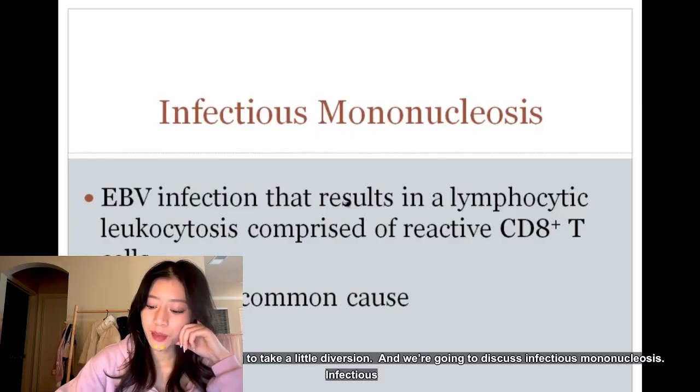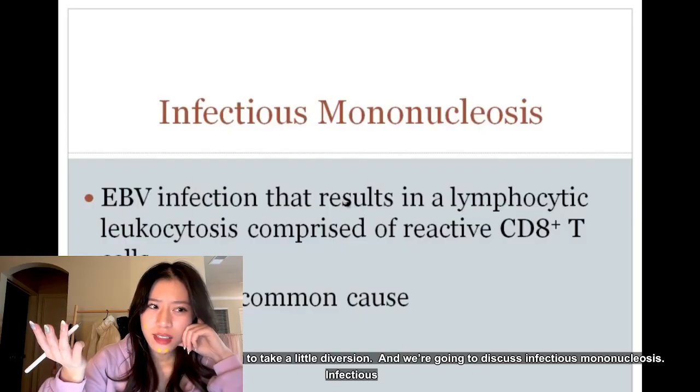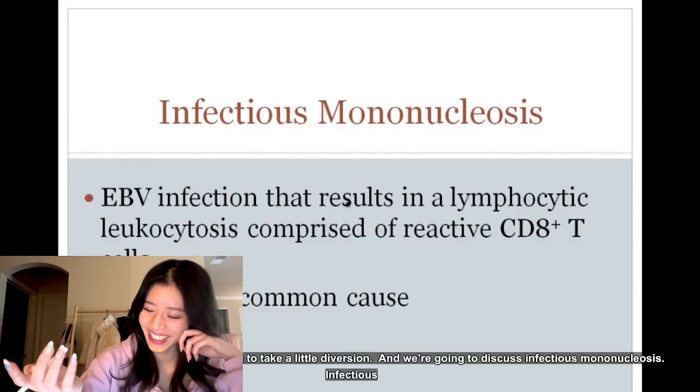This is random, but I just realized I know like 4 different things that IM abbreviates. Well, infectious mononucleosis is one, intramuscular is another one, internal medicine, and then you have IM from swimming.